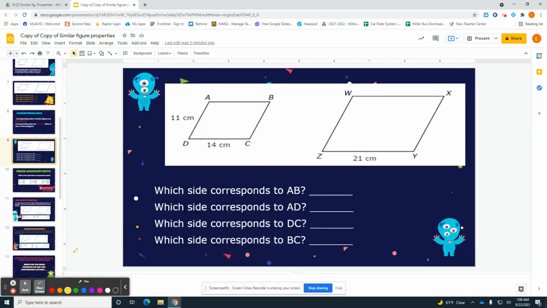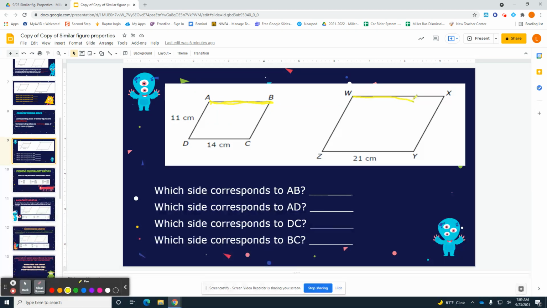So I'm going to color code my sides so I know which goes with which. These parallelograms are facing the same direction, so it makes it easy. Sometimes they are going to be facing different directions, so it might make it a little bit challenging. I'm going to start with AB. Line AB is up top, right? And that is going to correspond with line WX.